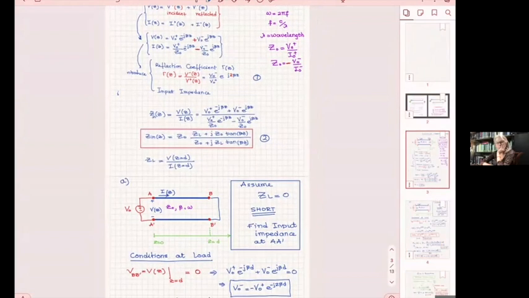Dr. Katai, for future problems, do we always assume the wires or the lines are lossless? Yes. For all of this class, from now on, we'll assume that the wires are lossless, even if it says the wires are copper leads, like in the homework, or the leads of a diode. Everything is lossless.